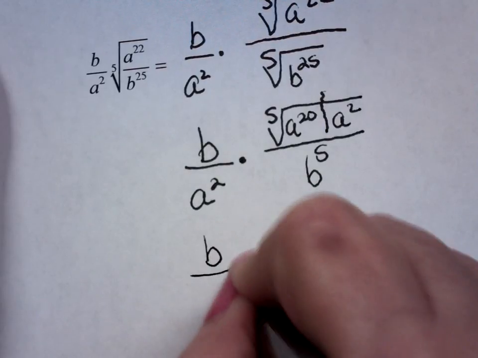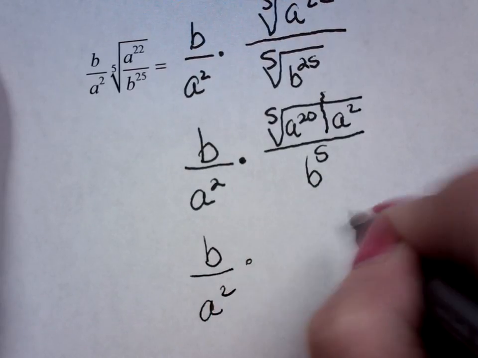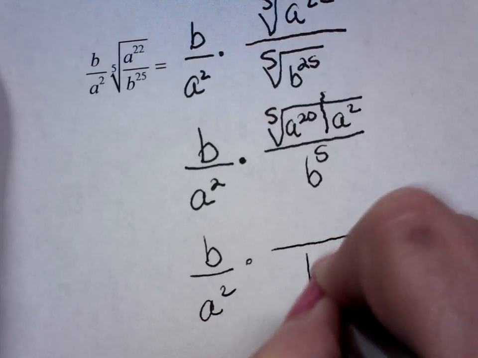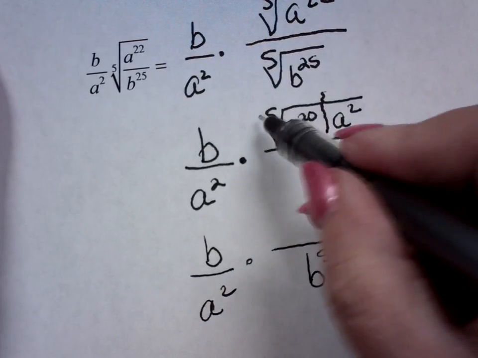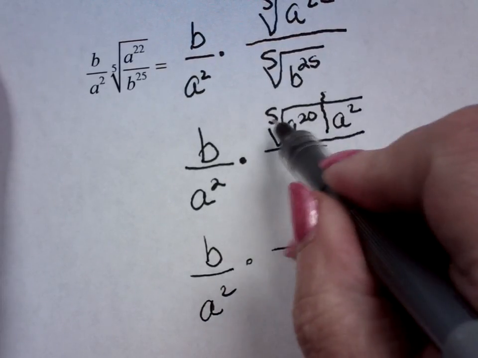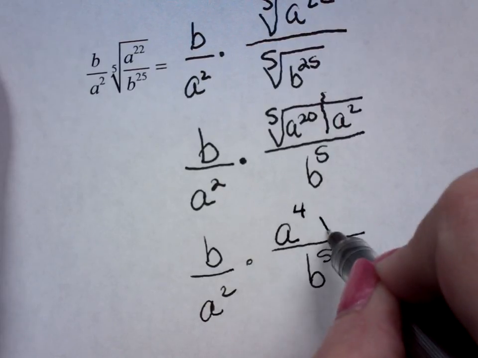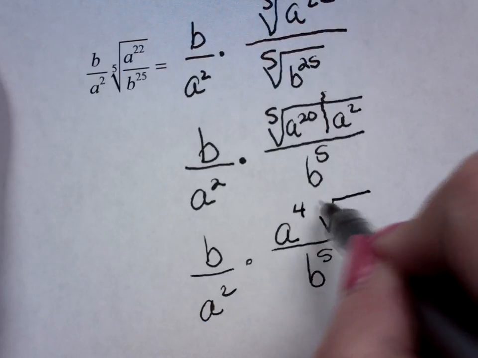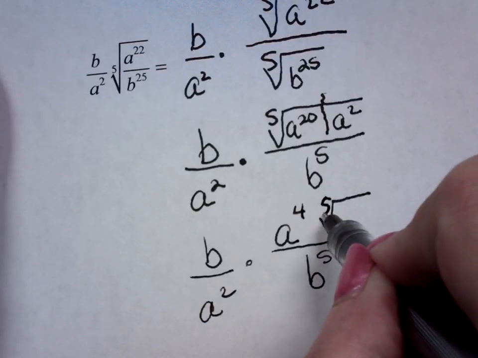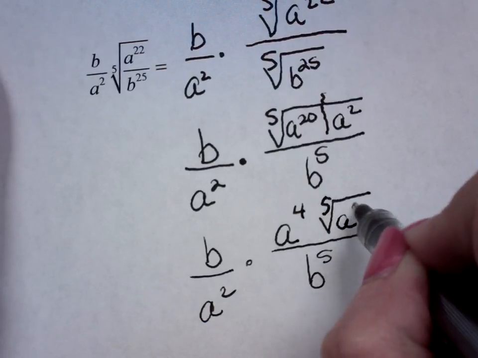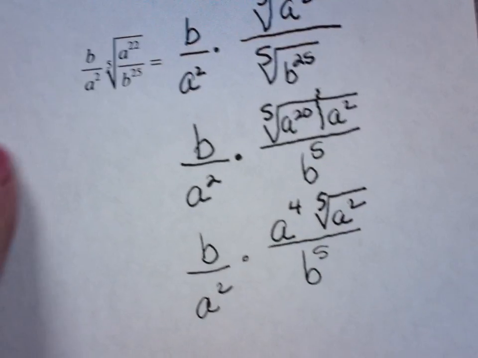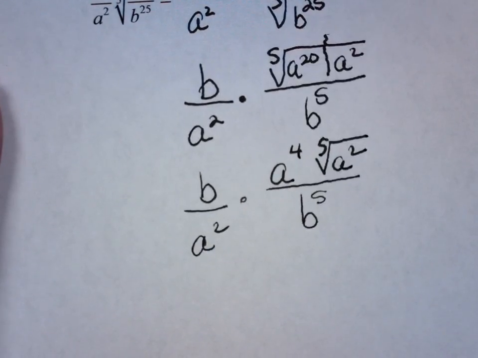b over a squared times b to the 5th, the fifth root of a to the 20th, 5 divides 20 4 times, so it's a to the 4th, and the fifth root of a squared. Now I can reduce this thing down.